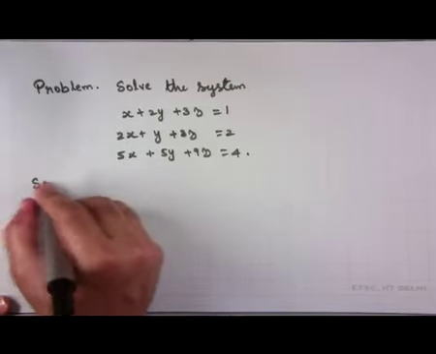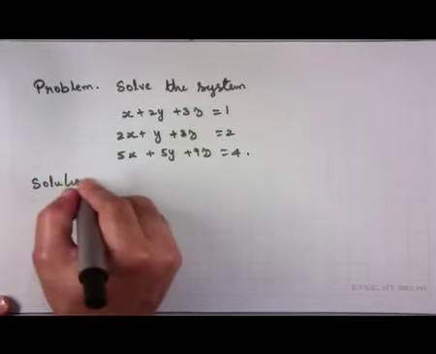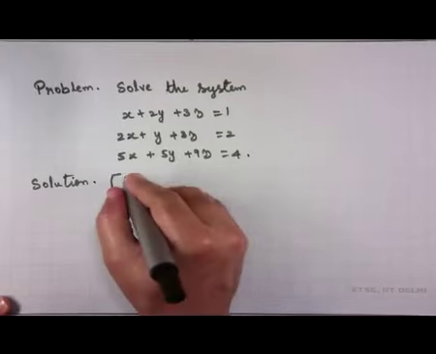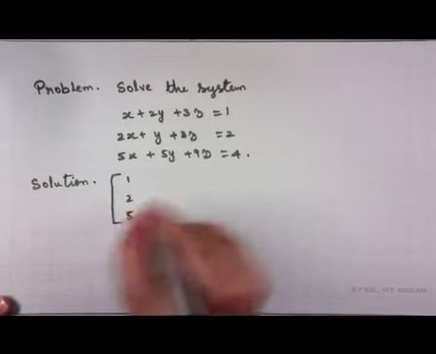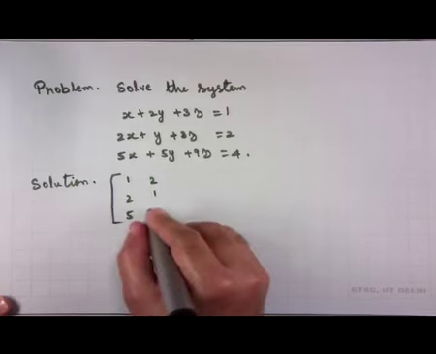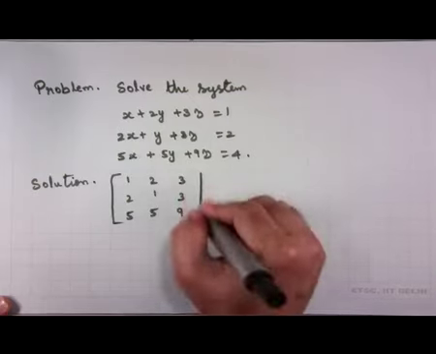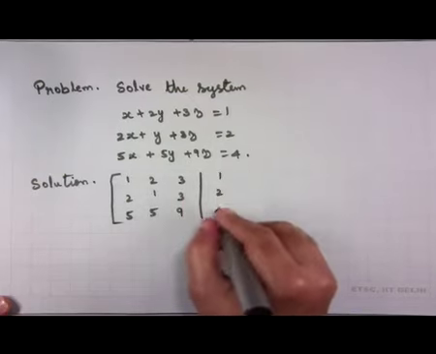Solution. Let us begin by writing the augmented matrix 1 2 5, 2 1 5, 3 3 9 augmented with 1, 2 and 4.